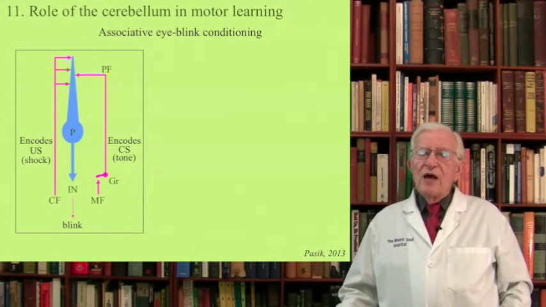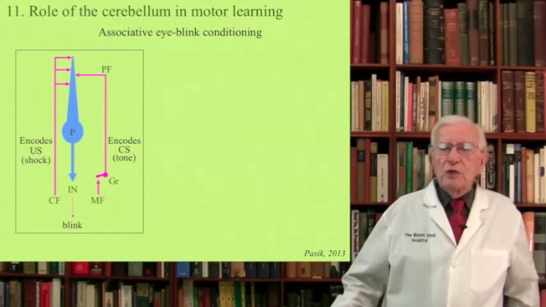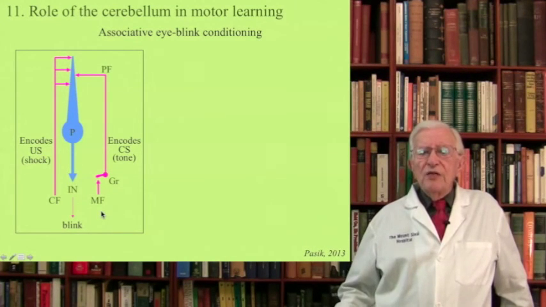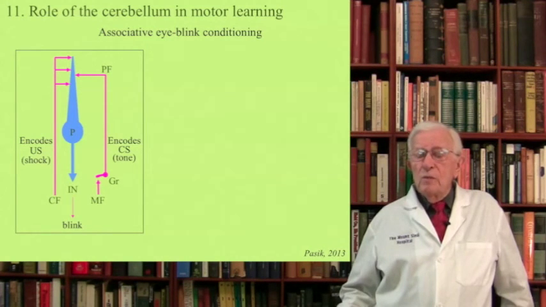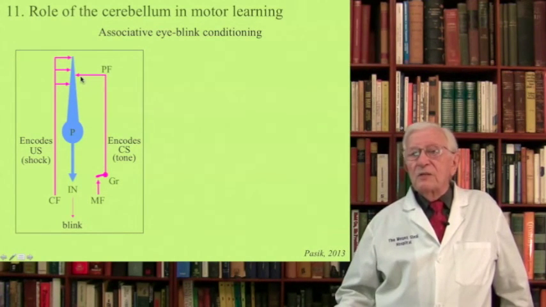First of all, the unconditioned stimulus, the shock, is encoded in the discharge of the climbing fiber, all right? On the other hand, the tone is encoded in the mossy fiber parallel fiber system, essentially in the parallel fiber system, right?